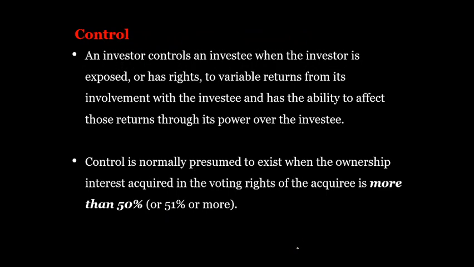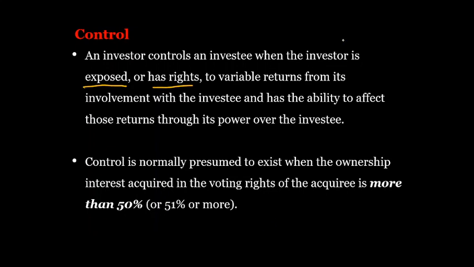Now, I mentioned control earlier. What is control? An investor controls an investee when the investor is exposed, has rights to variable returns from its involvement with the investee, and has the ability to affect those returns through its power over the investee.